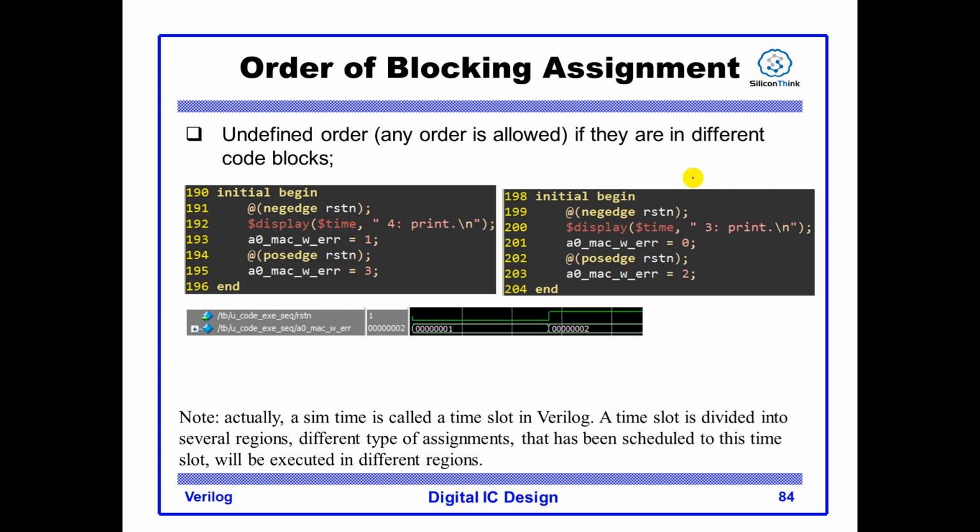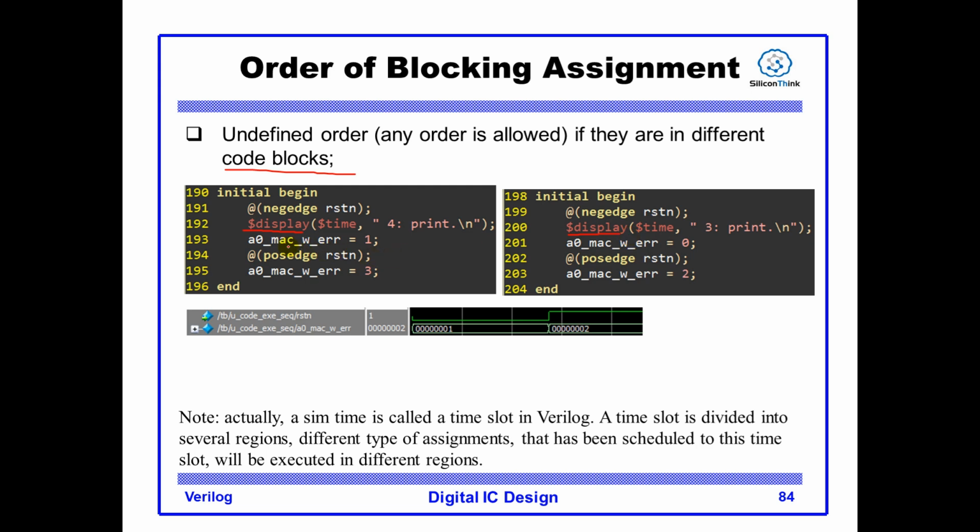How about the order of blocking assignments in different code blocks? As I have explained, it is undefined. So we don't know which display will print first and which after.